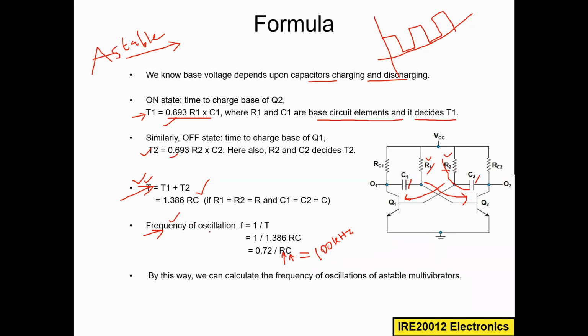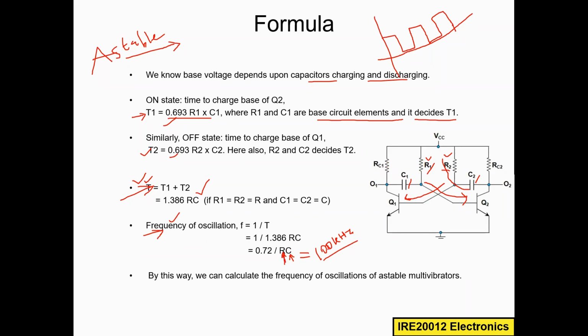frequency of oscillation. In practical design, you are designing the circuit to use in some application, so you are targeting a certain oscillation frequency. If you want to achieve 100 hertz, then you have to choose the correct R and C values.